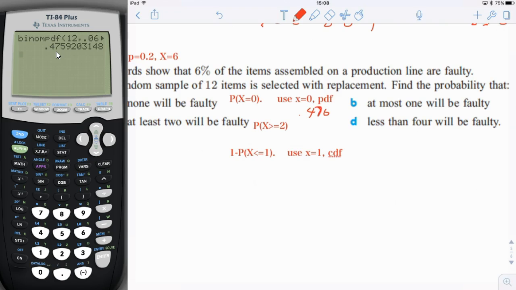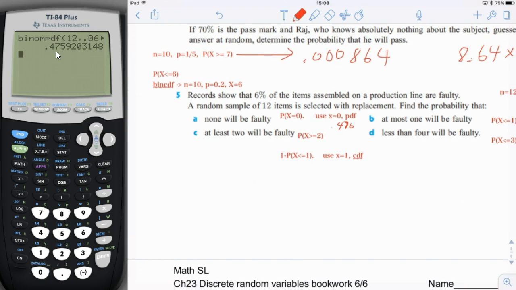Okay, and then the next one is at least 2 will be faulty. Now we're going to use CDF instead of PDF. So we'll do second distribution, go to the second page, binomial CDF. We're going to put 12.06, just as before, except this time we're going to put 1.